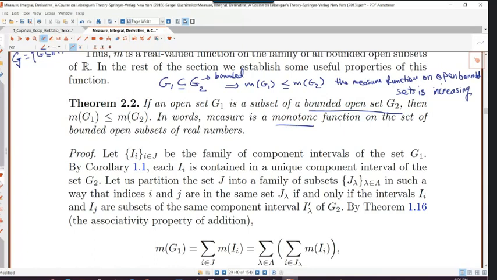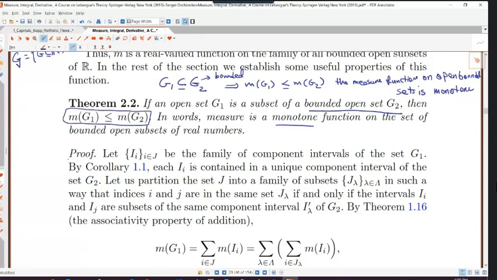And we can say totally monotone. A monotone function is increasing or decreasing. We call this property monotonicity.